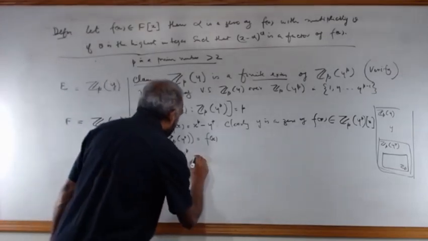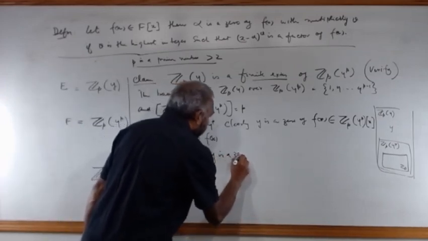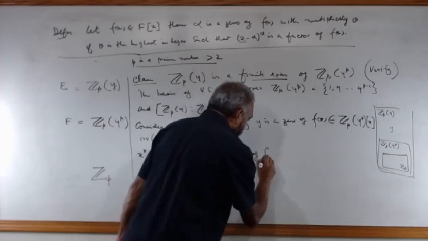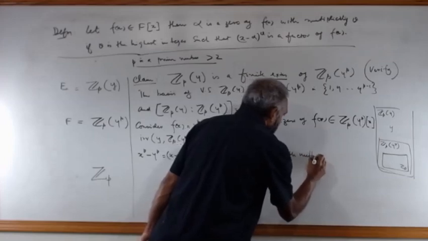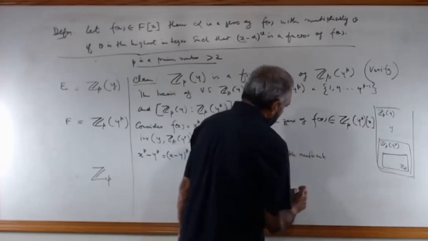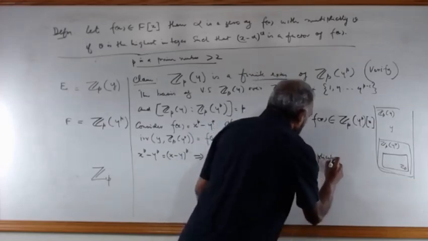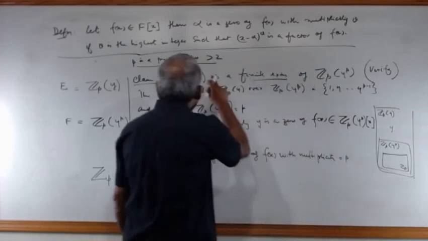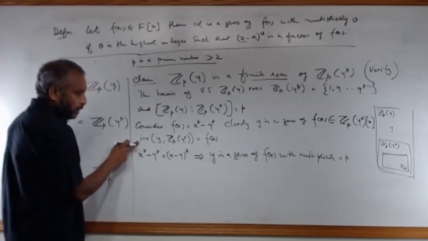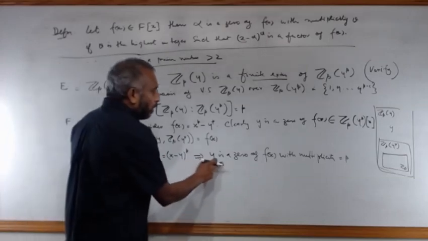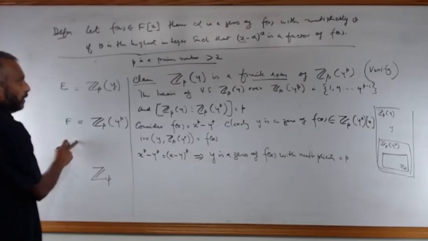So this implies y is a 0 of f of x with multiplicity equal to p, and p is greater than 2. So we found an irreducible polynomial with a 0 having multiplicity more than 1. And that is what we are looking for.